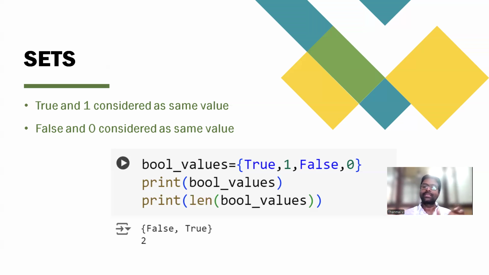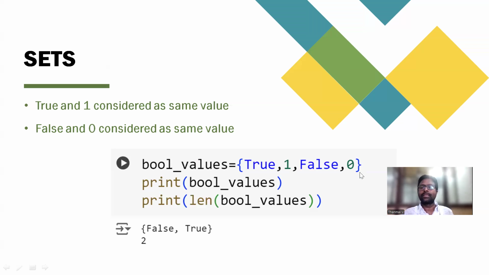Similarly, if you keep false and 0, then what happens? Again, it will not accept both false and 0, because 0 is nothing but a false in Boolean values. That's why it will take only one. If you observe here, bool_values is the name of your set, and it contains the values true, 1, false, 0.